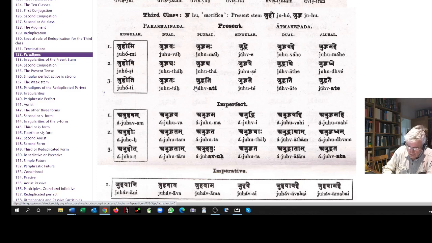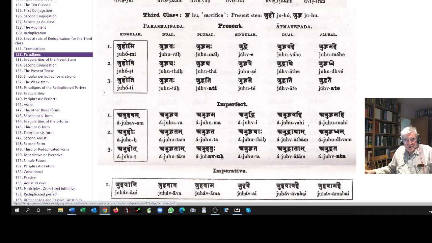It's called the hu class, because of the root hu, so that becomes the hu adi, havadi gana, it's called. So hu meaning to sacrifice. So what happens here?